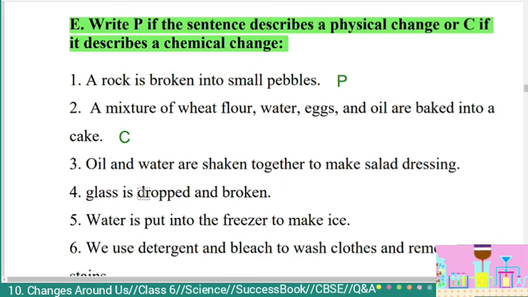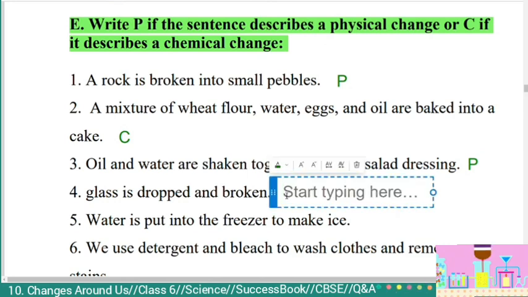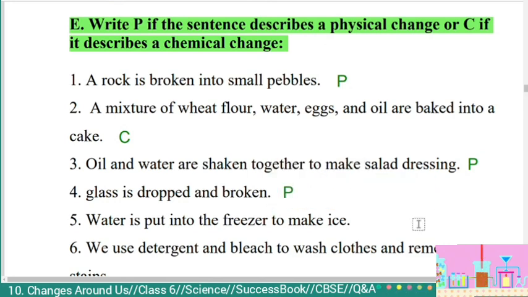Third one, oil and water are shaken together to make a salad dressing. It is a physical change. Fourth, glass is dropped and broken. It is a physical change. Fifth, water is put into the freezer to make ice.